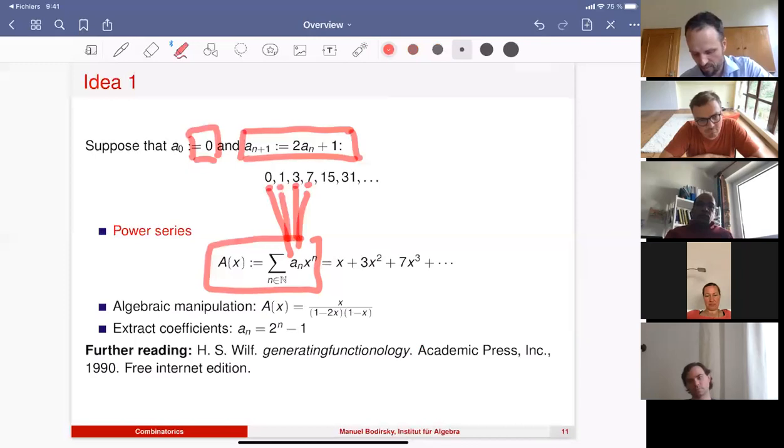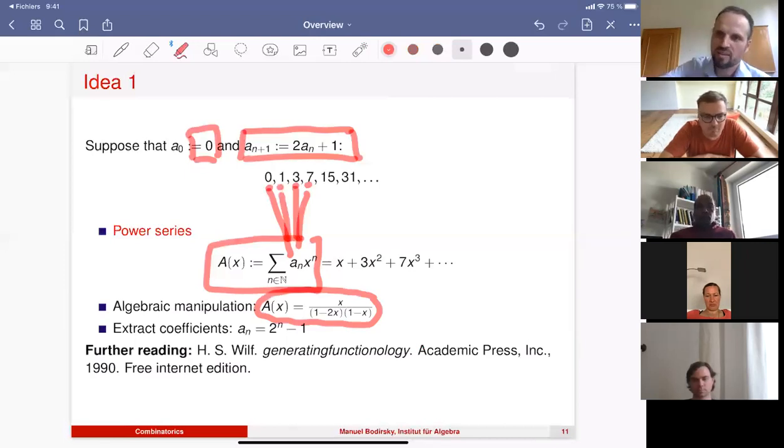In this concrete example, it just so happens that by this algebra, you can write this formal power series as a fraction of two polynomials. From this fraction, you can then extract the coefficients back, and you get this nice formula: a_n is 2^n minus 1. In this simple example, there would have been a direct proof, I admit it, but it's just a toy example.